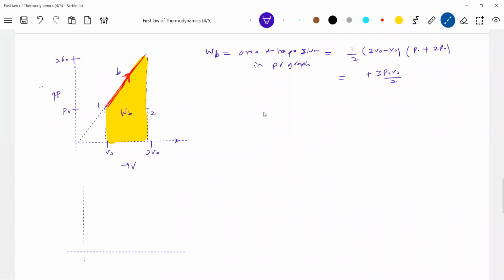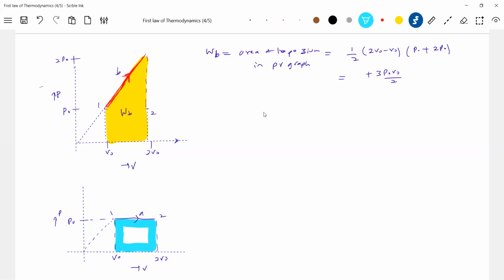Okay, this was the path A, no? Pressure constant, only the volume was changing. Agree with this? So this is the area, let me calculate. I think it's quite simple, no?